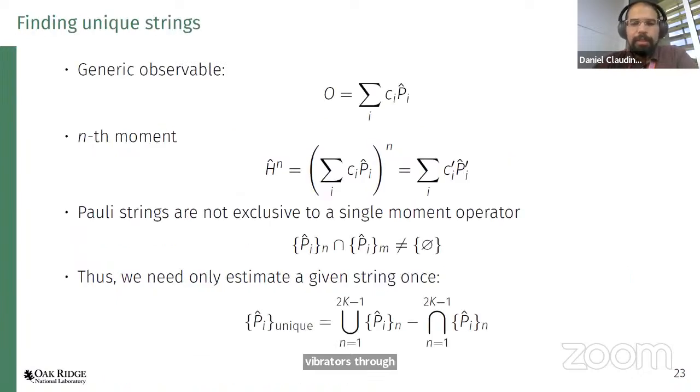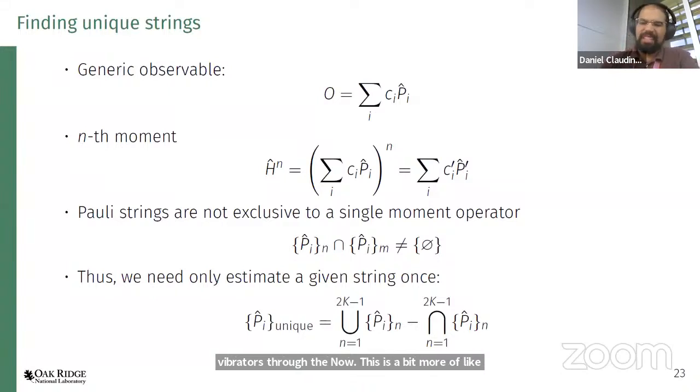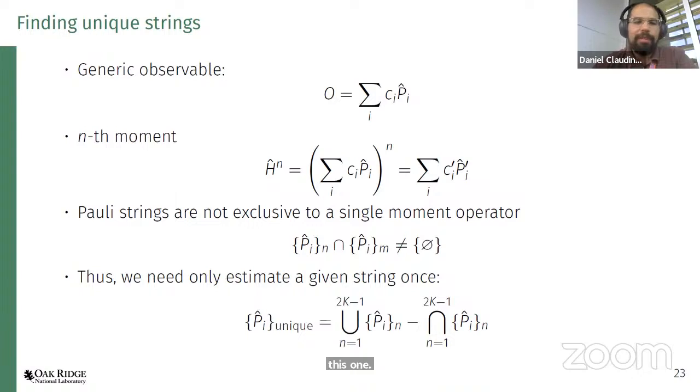Now, this is a bit more of formalizing what I said, and there are a few things that we learned between that first paper and this one. I have a generic observable, and we know in terms of spins how they behave. Then we have the n-th moment of the Hamiltonian.